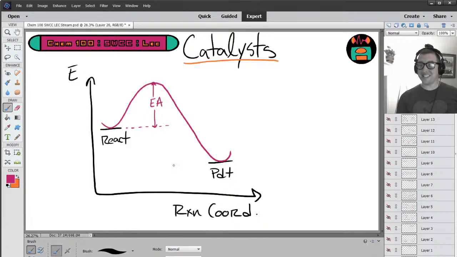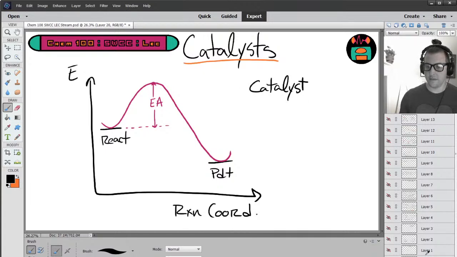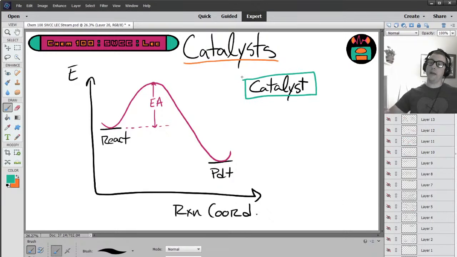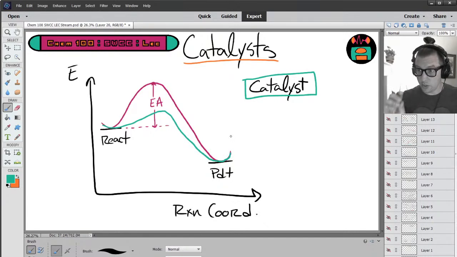Now, what a catalyst does is provide a different reaction pathway that will make the same product from the same reactant. So adding a catalyst, it's like doing this. It's technically a different reaction, but it's strikingly similar because it makes the same product from the same reactant.